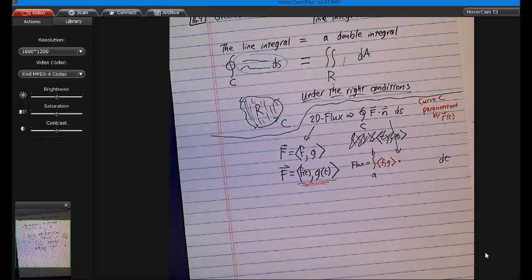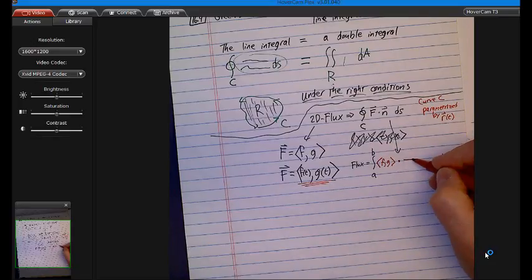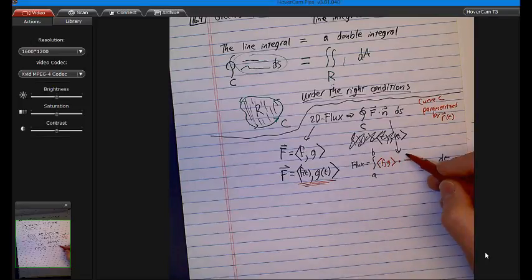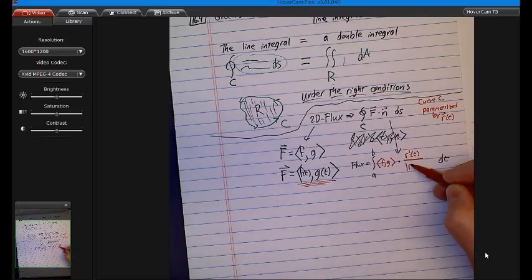Well, you saw what we dotted it with for the circulation, right? For the circulation, what was the unit tangent vector again? We did r prime of t over the magnitude of r prime of t.